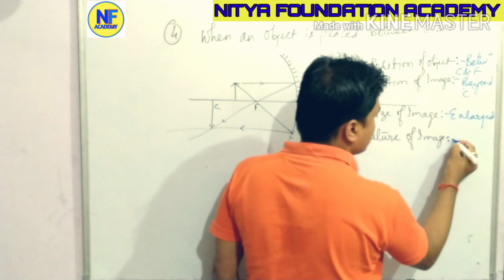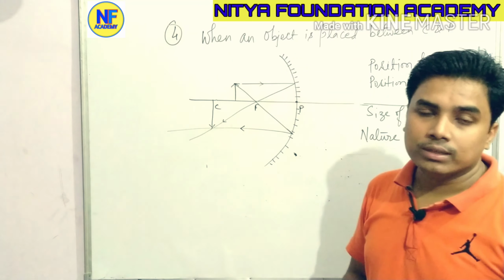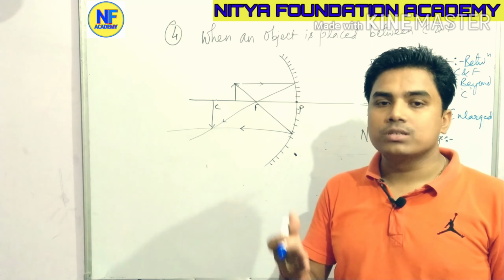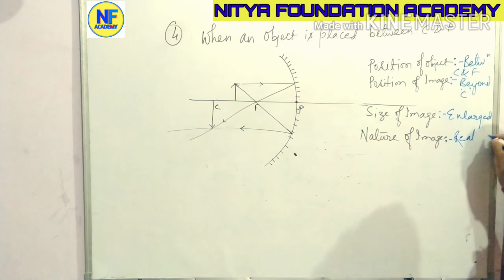And the nature of image, as you can see, is inverted, and I have already shown you that with the term inverted we will use real. So we will write here real and inverted.